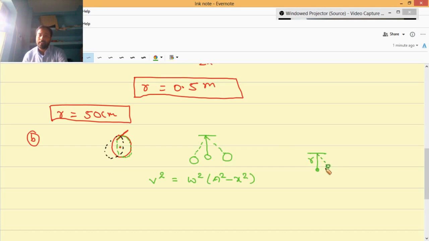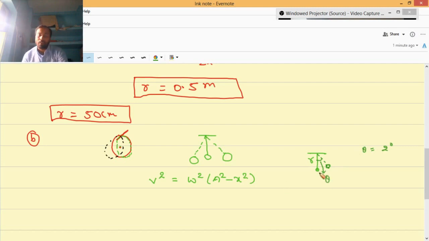Let us consider that at the extreme position it has reached this particular position. Here the value of theta is given to us, which is 2 degrees.